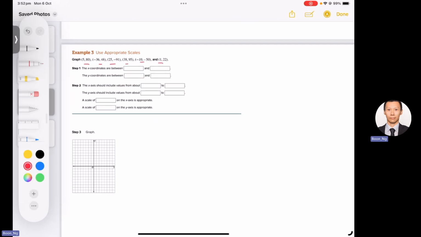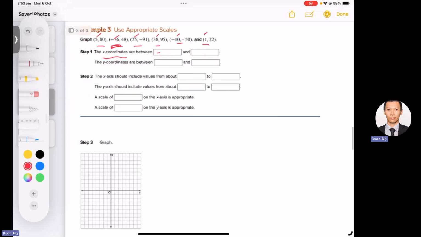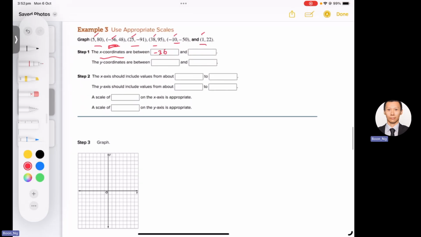So you can see the coordinate for x is 5, negative 36, 25, 38, negative 10, and 1. So you need to pick the smallest, which in this case is negative 36. And the largest basically would be 38.